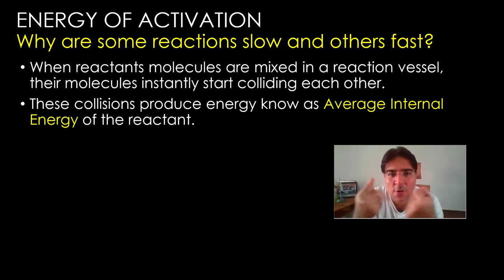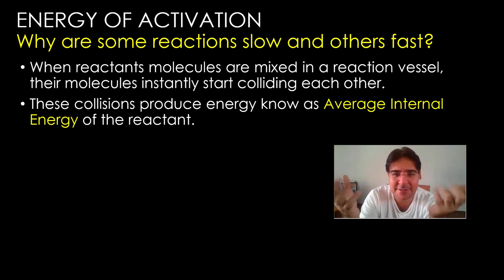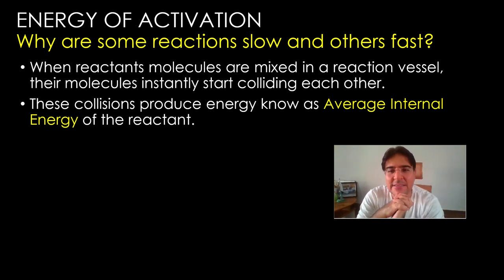When two things collide, heat is produced. This is called the average internal energy of the reactant, and we will use the term AIE. A for average, I for internal, and E for energies. So when the reactant molecules collide with each other, heat is produced and we call it average internal energies.